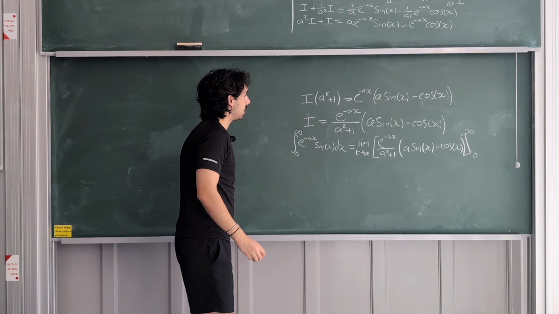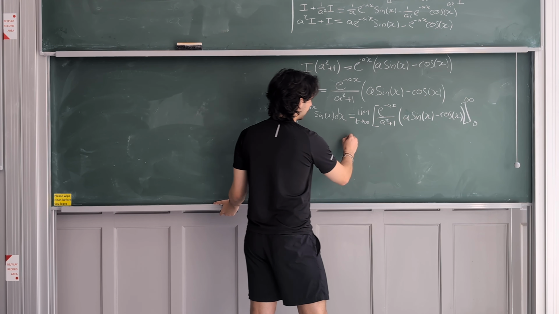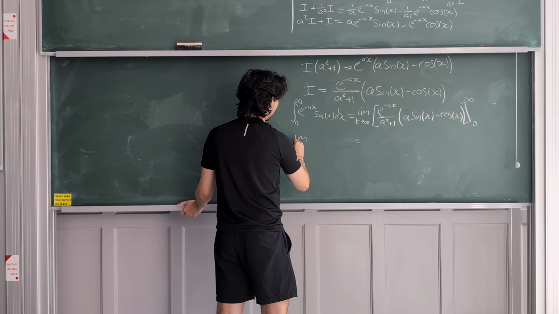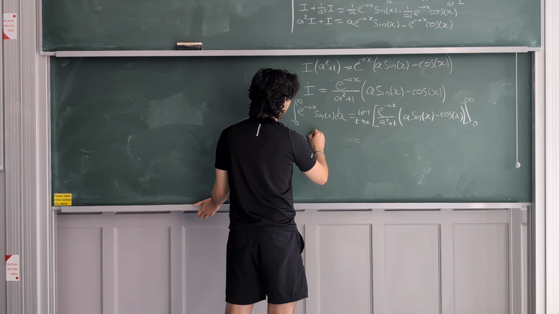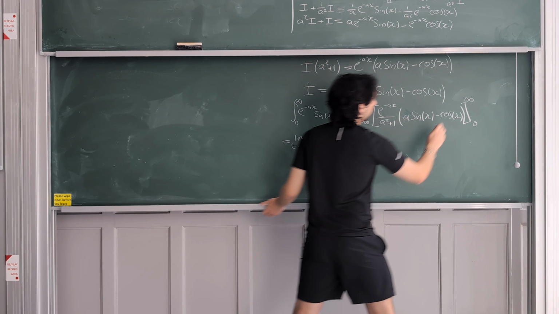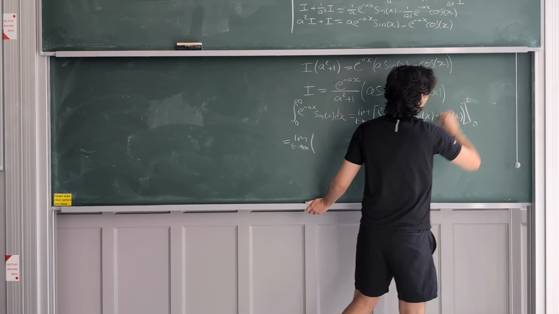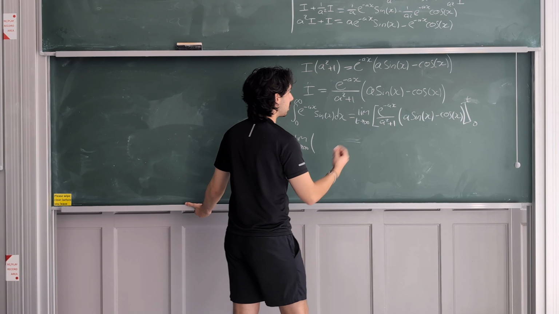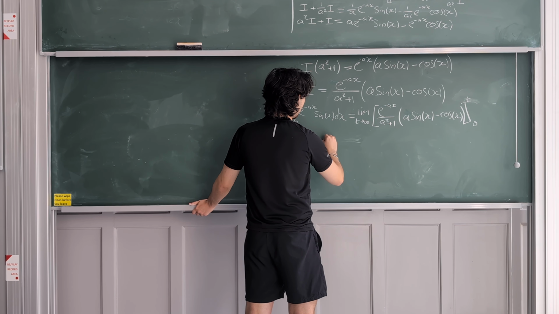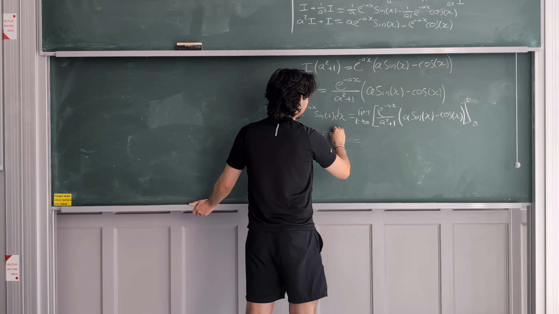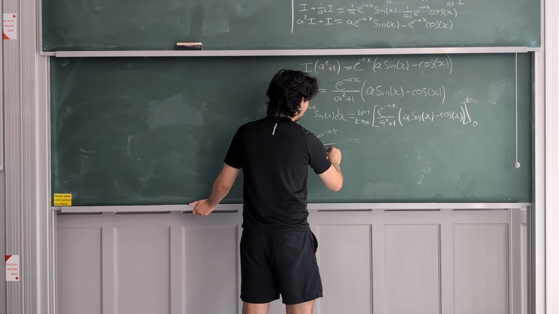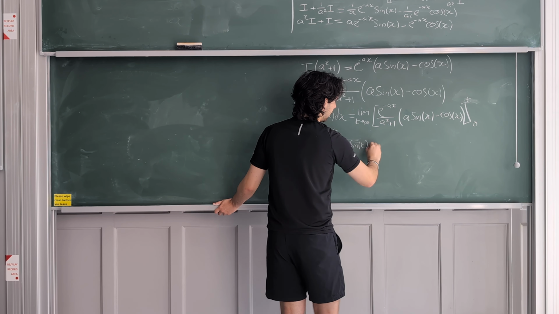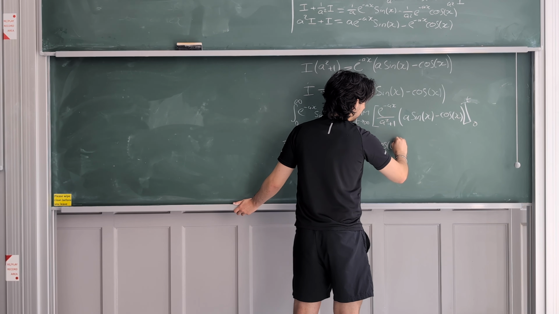Continuing, this is equal to the limit as t approaches infinity of, and the whole point of putting a t over there is that we plug t in where x is. So e to the minus at over a squared plus 1 times a sine t minus cos t.